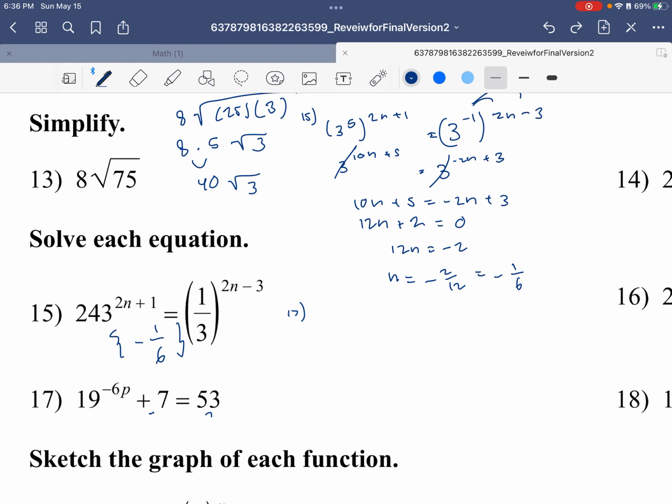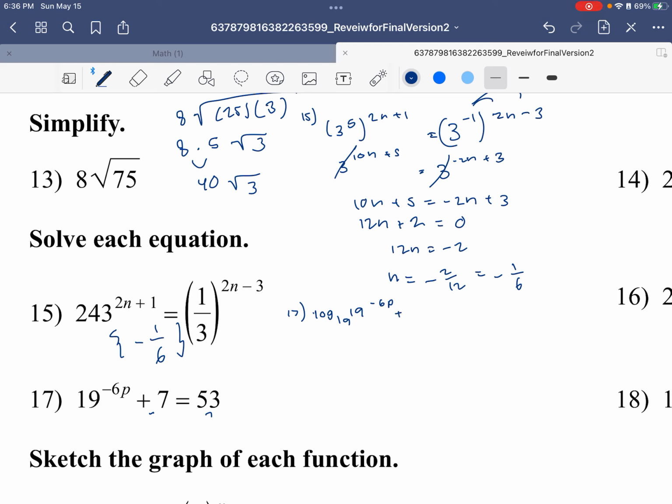You can use log or natural log. I'm just going to use log. And so you're going to set both sides to log base of something that will allow you to simplify the equation in some sort of way. So in this case, I'm going to set it to log base 19, and you'll see why in a second.